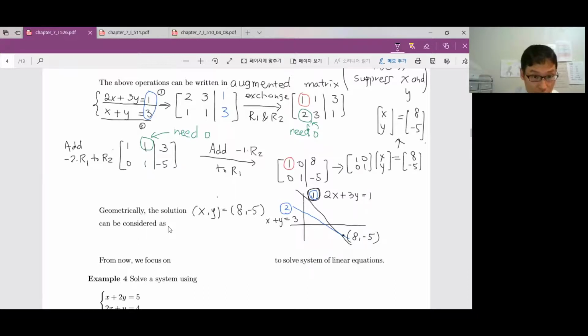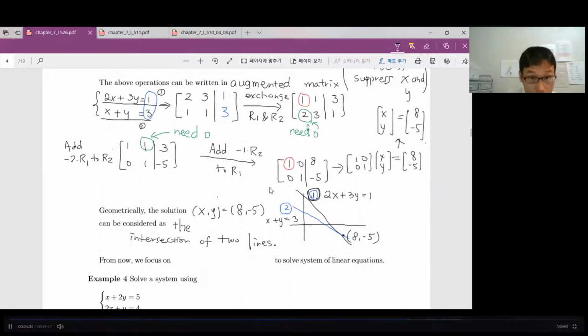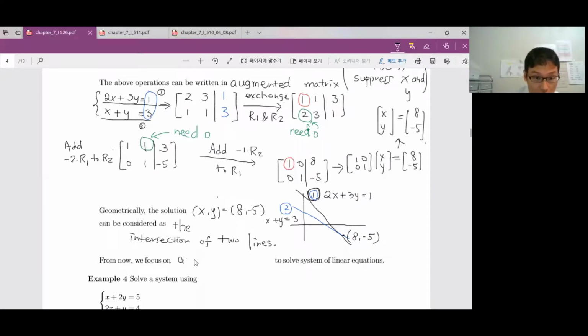So this solution can be considered as the intersection of 2 lines. Good. And then we will keep using this method involving the augmented matrix to solve the system of linear equations.